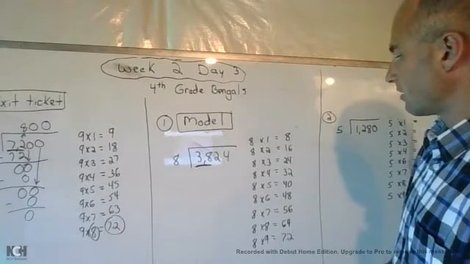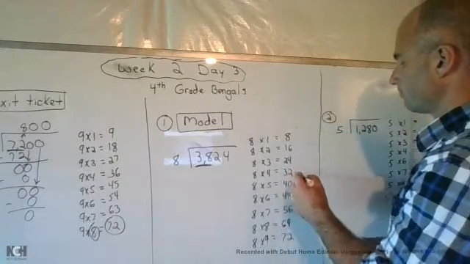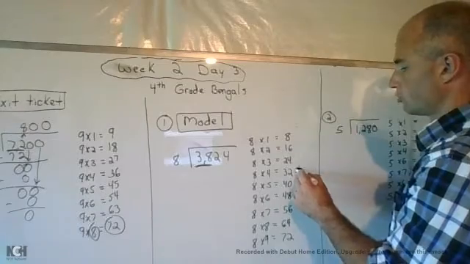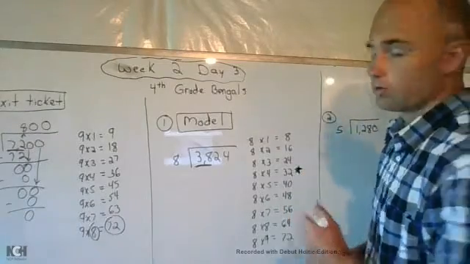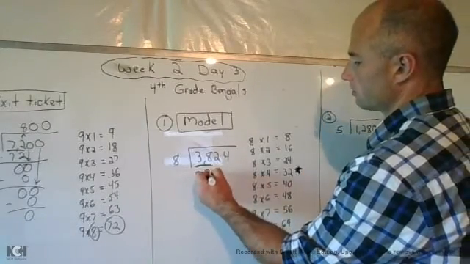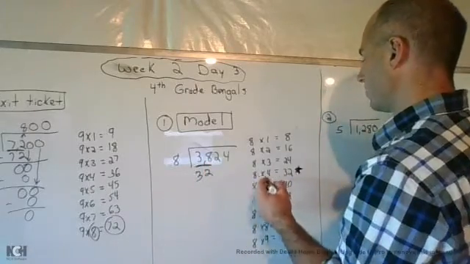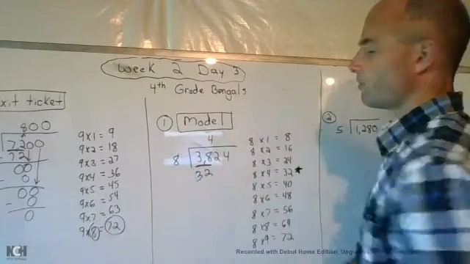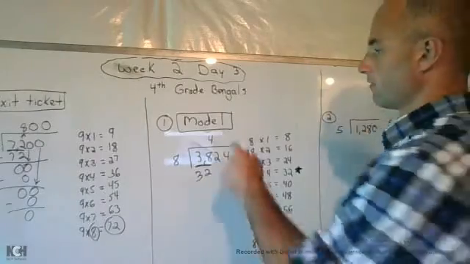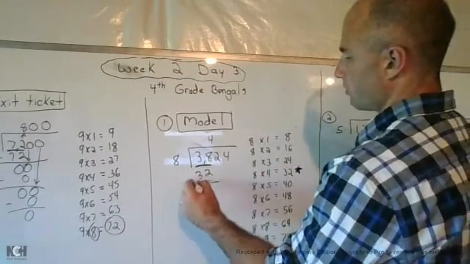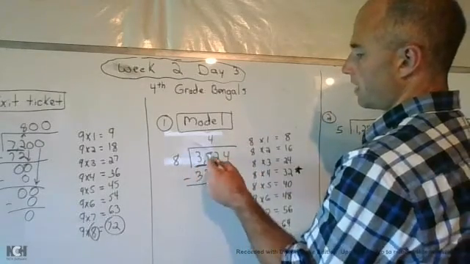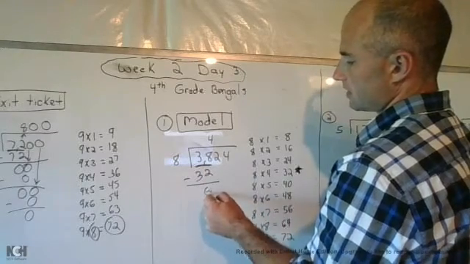The closest I can get without going over would be 32. So I'm going to write 32 right here, and I'm going to write 4 above the 38. 4 times 8 equals 32, which we already confirmed. 38 minus 32 equals 6.